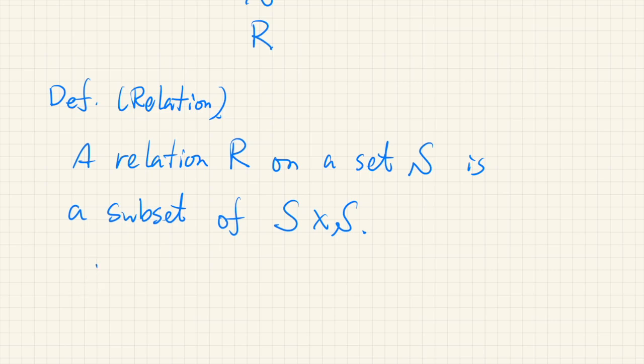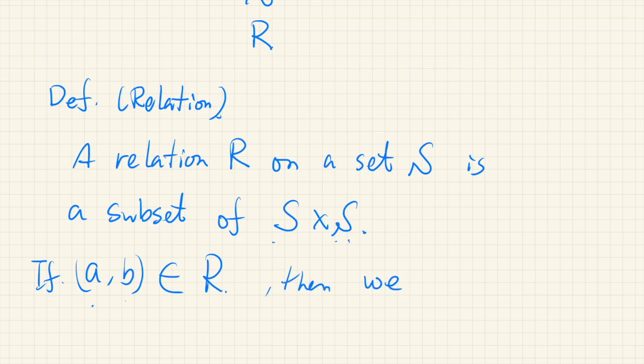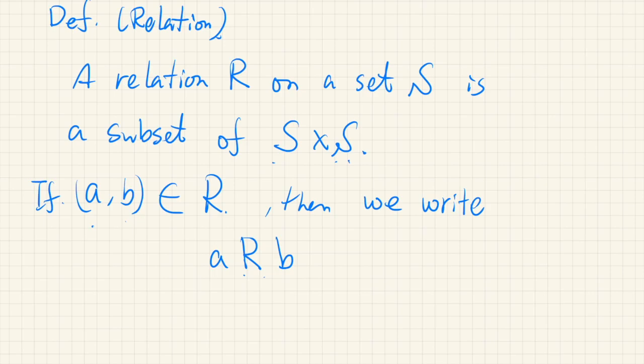So (a, b) is a pair in the relation, which is a subset of S times S, where a is an element of S and b is an element of S. If this holds, then we write a R b, meaning a is related to b by this relation R. This is a special notation.